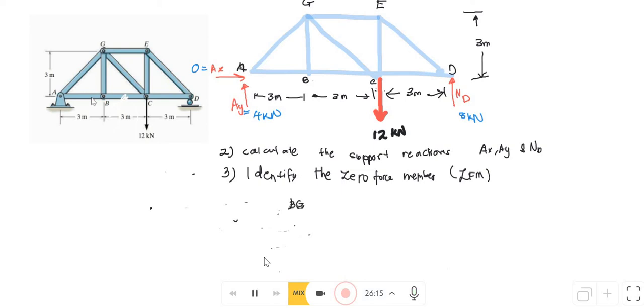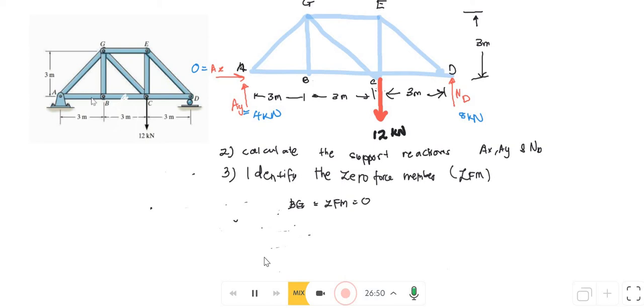BG is a zero force member, I mean zero force. For this method, the method of section, sometimes the zero force member does not get involved in your calculation, because you cut the selected members that are not related to the zero force member.